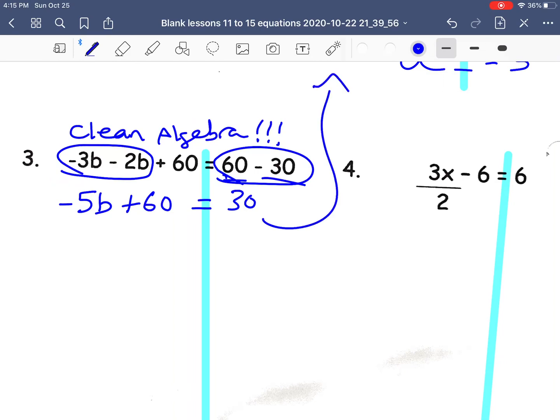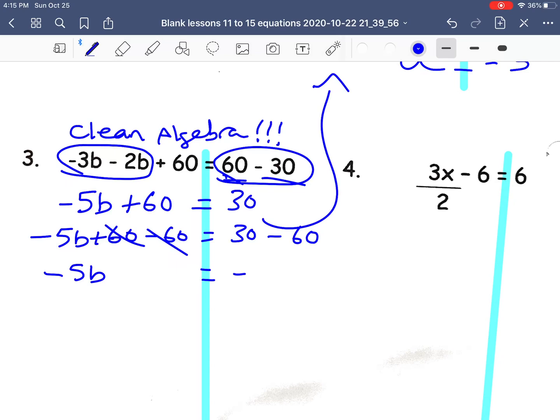So negative 5b plus 60, get rid of the 60, minus 60. Oh, I was about to forget putting my minus 60 on that side. So negative 5b, 60s are gone. 30 minus 60 would give you a negative 30 left over.